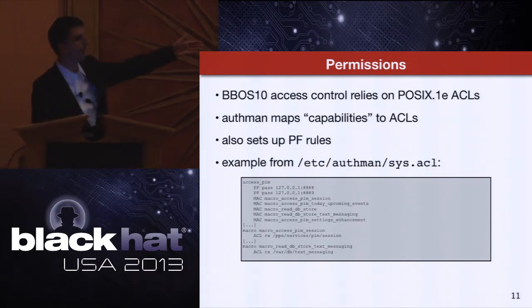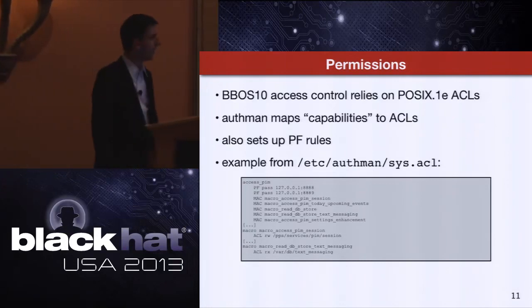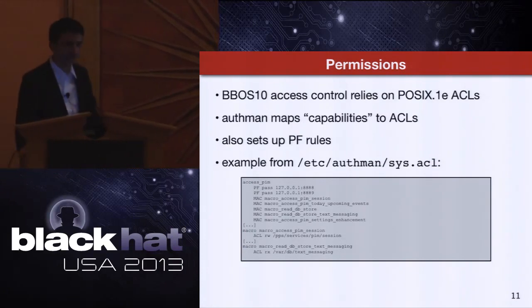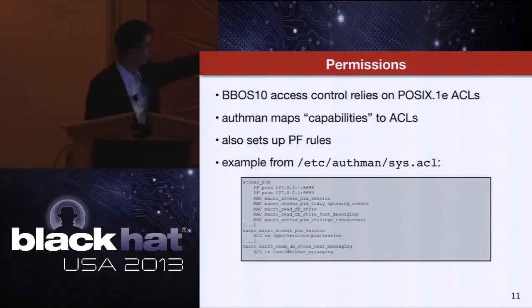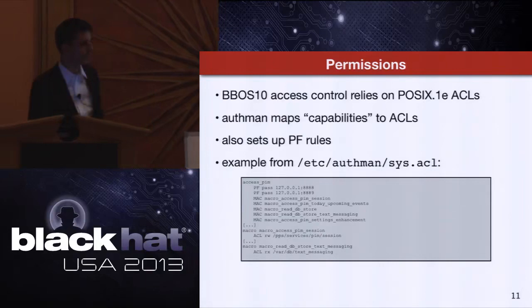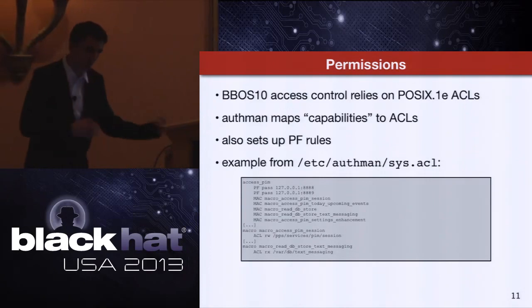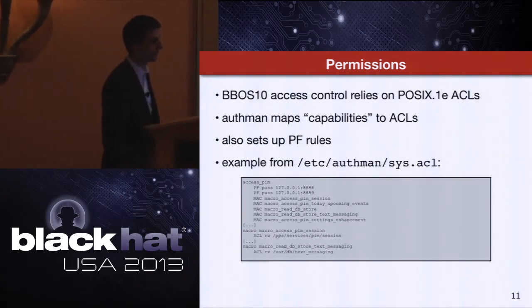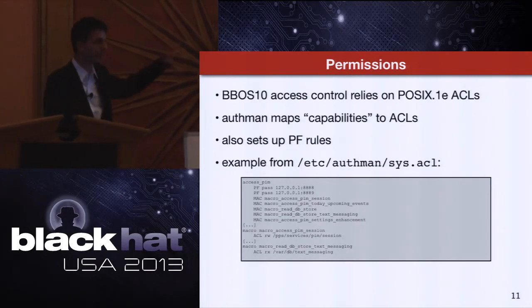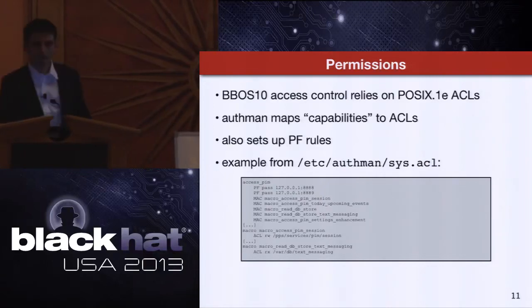For instance, if you want access to the personal information manager, then you have this access PIM, right? And this gets expanded to these macros, some of which you see down here, and also to PF rules. So BlackBerry or QNX 8 integrates the OpenBSD packet filtering framework, and authman dynamically, if you give certain rights, will insert filtering rules according to these rights.